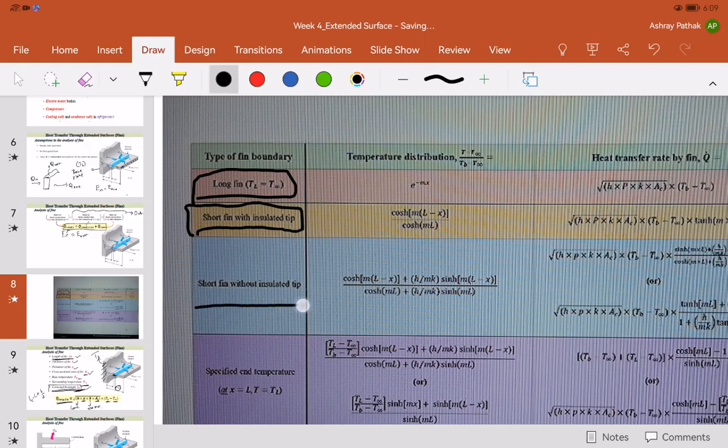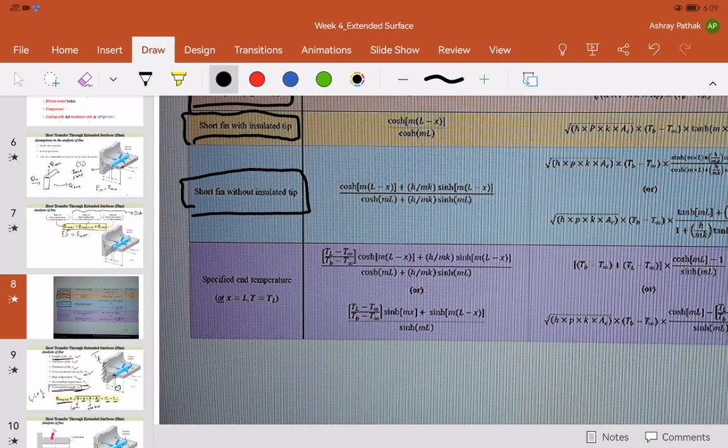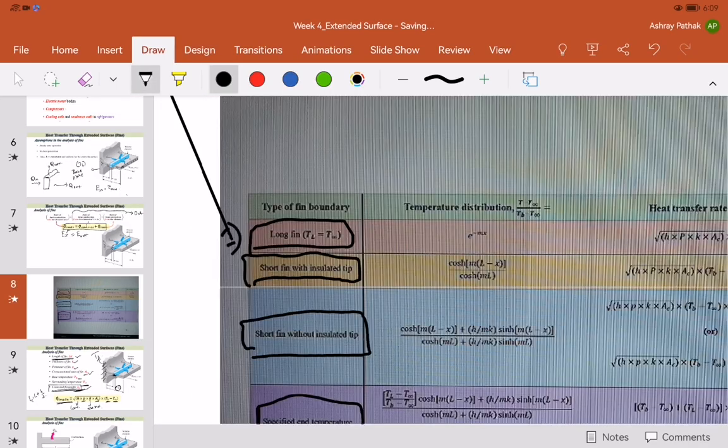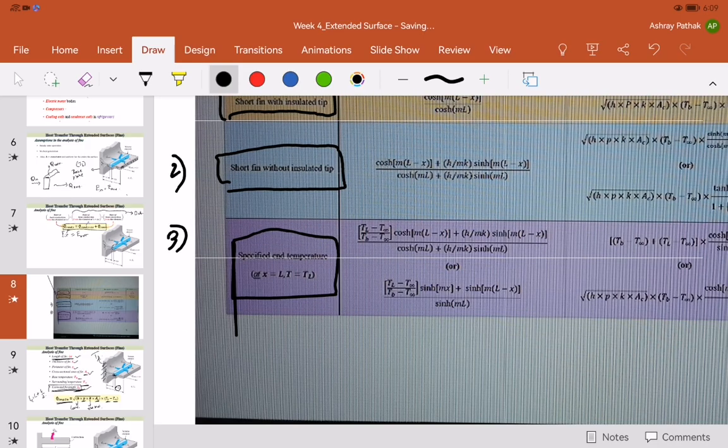We might have a short fin without insulated tip. And in the question itself, there might be a specified end temperature. We know the temperature at the end of the fin. So we have 4 cases: case 1, case 2, case 3, and case 4.